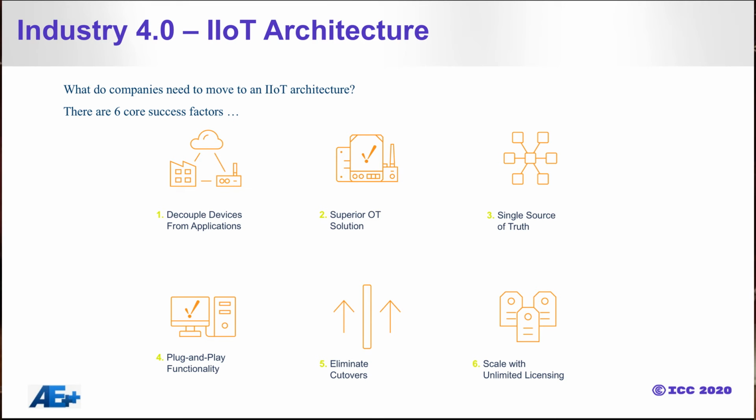Eliminate cutovers. Most SCADA systems have to be deployed in one fell swoop. But if you could run an OT application in test mode in parallel, you could eliminate cutovers and increase the migration velocity to IIoT solutions. Scale with unlimited licensing. You need the ability to scale as your project grows. That's the very nature of IIoT.